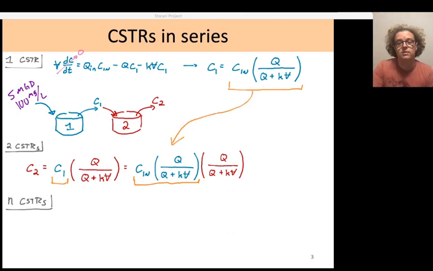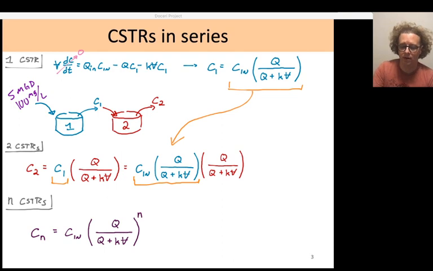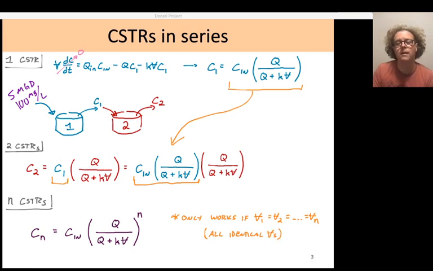Now you might notice those two groupings in parentheses look the same, and as long as the volumes are going to be identical, we could generalize this. So for n CSTRs in a row, we could take the inflowing concentration times that quantity in the parentheses raised to the nth power. And this is a special case. This only works if they're going to be identical, so all of the volumes will be the same. If you had a small tank followed by a large, followed by a tiny, this doesn't work, and you'd have to go through them one by one. But for our case of identical CSTRs, this works.